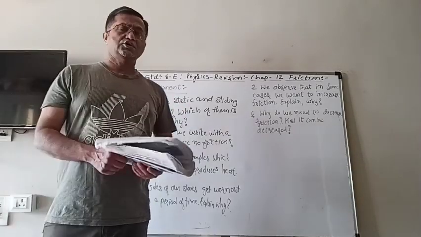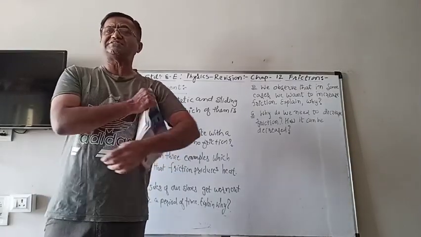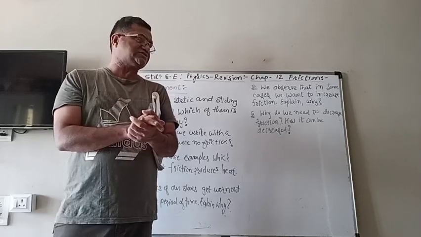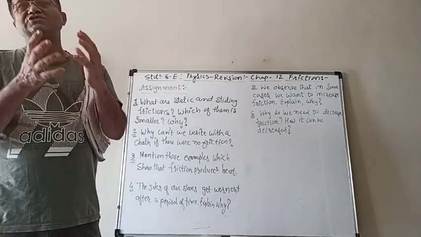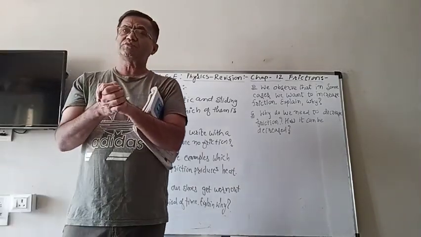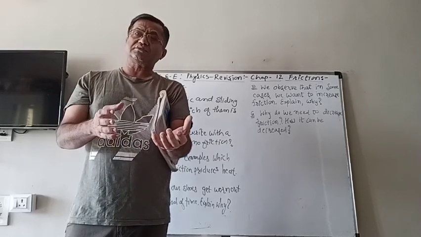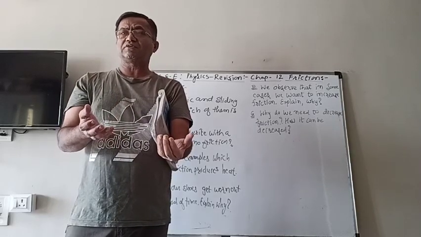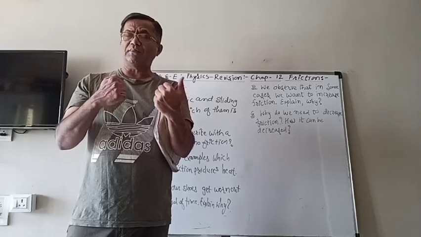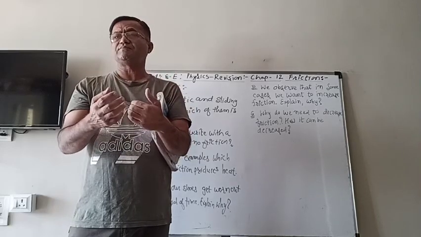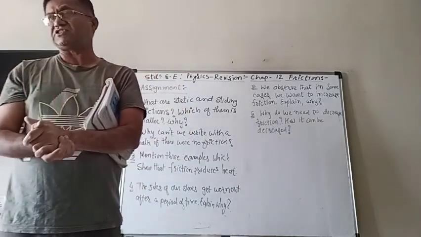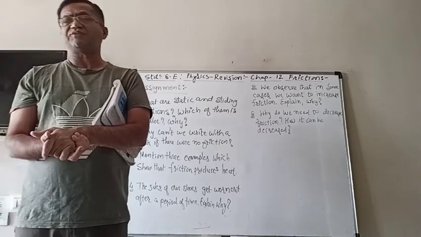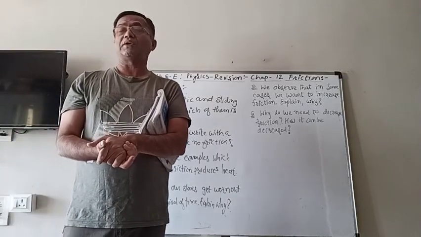So you understand what sliding friction and static friction are. Static friction is the measure of force required to bring the object from rest to motion, means to overcome that friction, and the static friction is more.